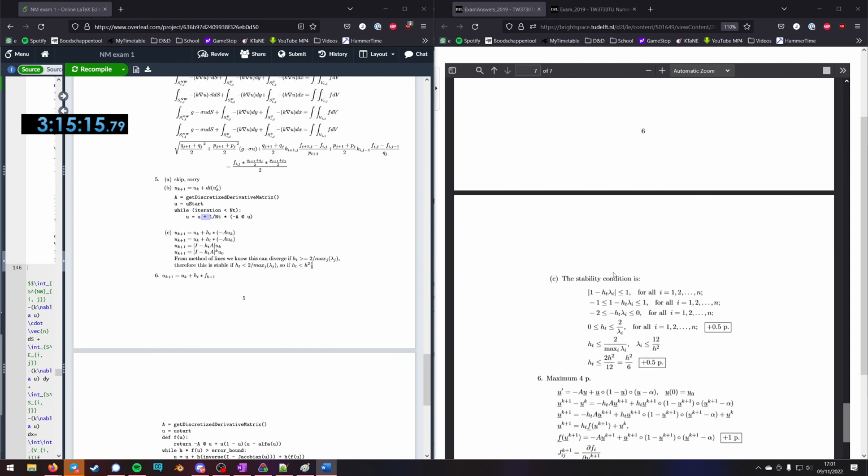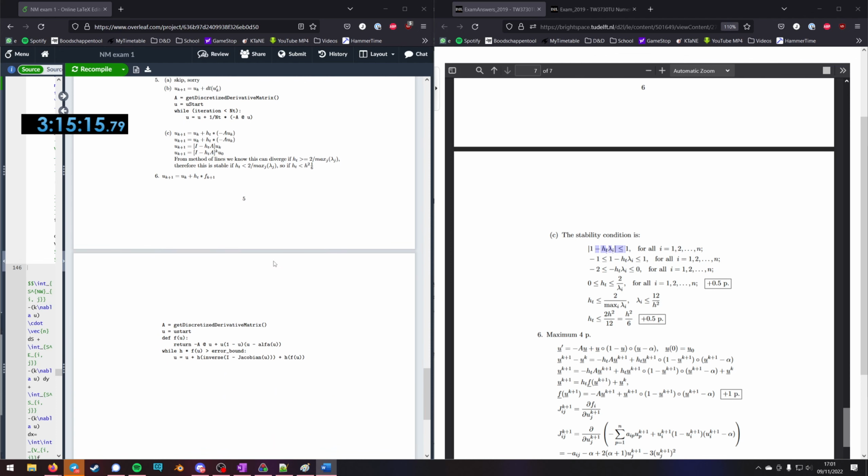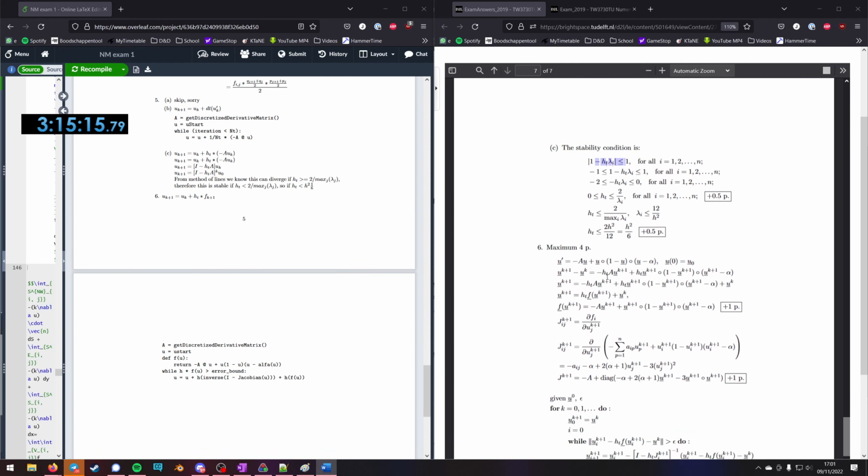So the stability condition is h squared over 6. Yeah, this is correct. I like the fact that they just instantly used this. They started from there. That's nutty. I'm saying I have a point here. Yeah, for sure. And for 6, and now we pray. Nah. Well, no points for the derivation.